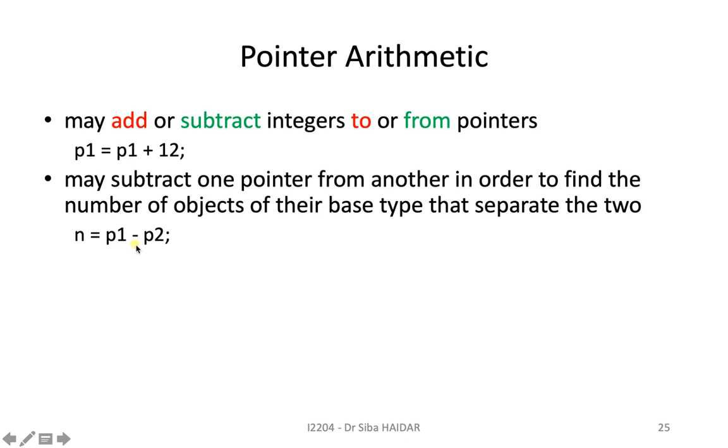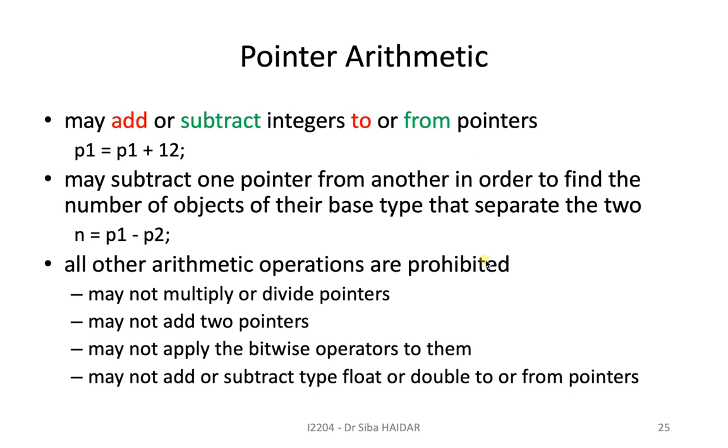You may say P1 minus P2 in order to find the number of objects of their base type that separates the two. So if P1 points to a certain memory place and P2 to another memory place, you can subtract those pointers in order to know how many elements can be held in between those places. Of course, always referring to the base type.